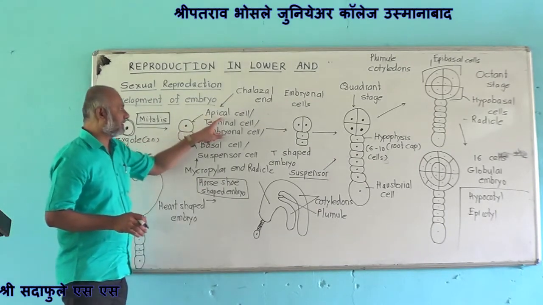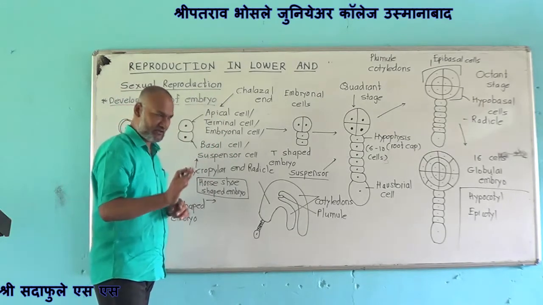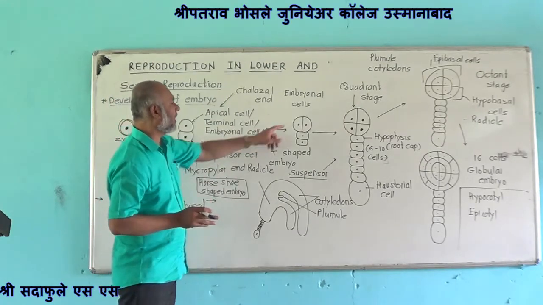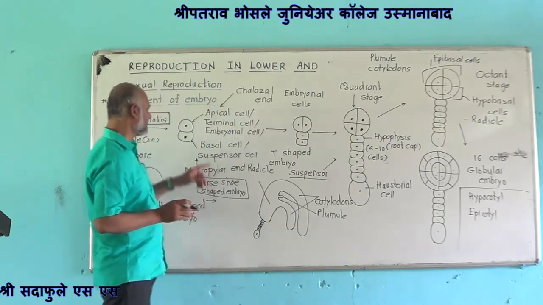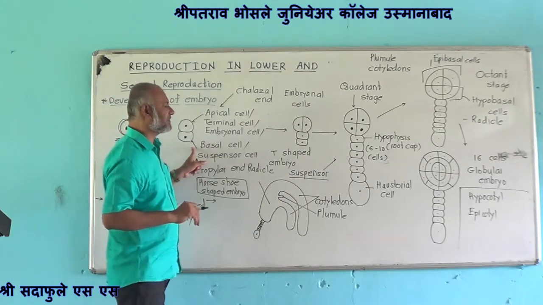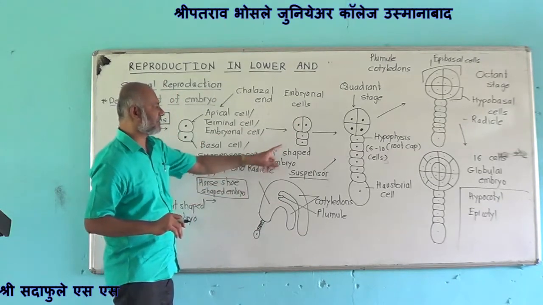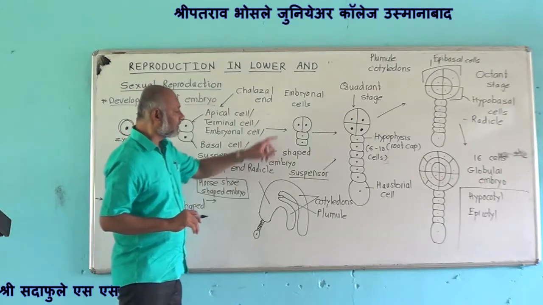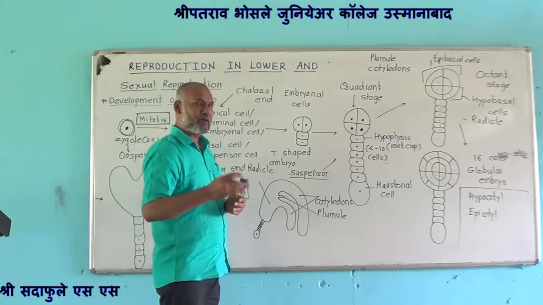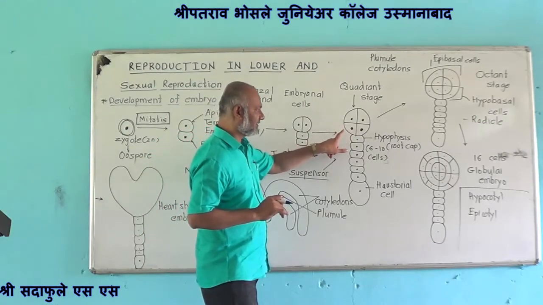Now this apical cell divides by mitosis, but here the division is vertical division to form two embryonal cells. Similarly, the basal cell divides by transverse mitotic division to form two cells, and this structure appears T-shaped. Now these two embryonal cells again divide by transverse division to form four cells.